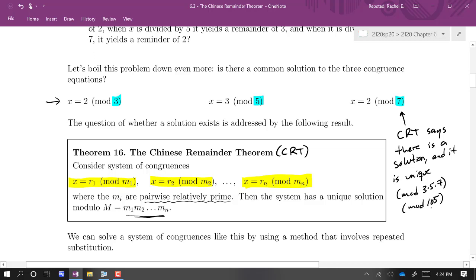There may be lots of integers that satisfy the 3 congruences, but there's only one mod 105 that makes it work.